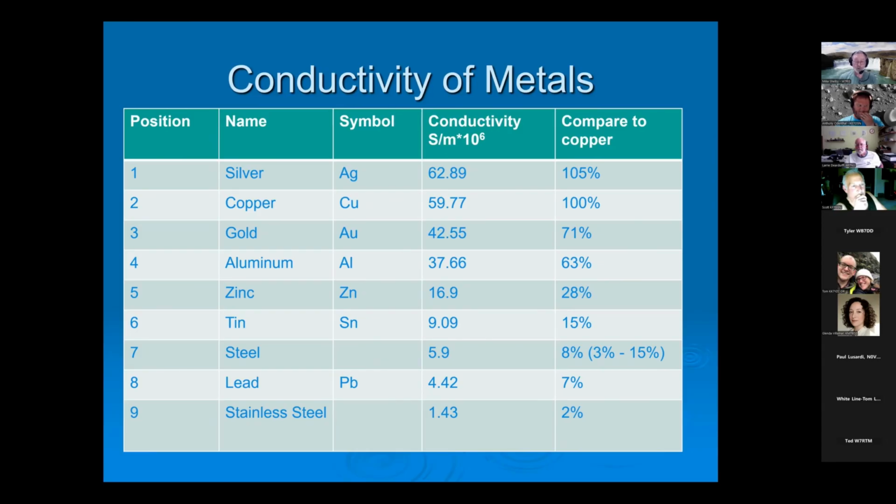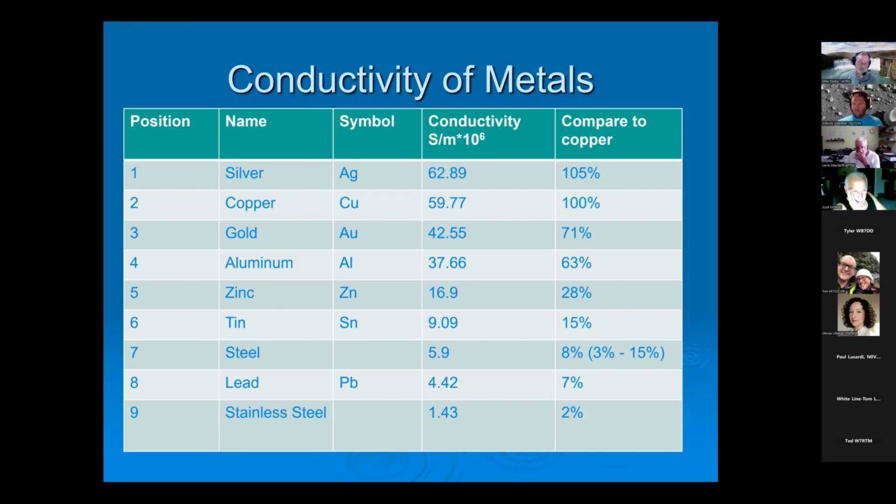This whole chart is all based on copper. Copper is the standard, usual, normal metal that we use for conductivity. I think hopefully everybody knows that silver is actually a slightly better conductor than copper. It conducts about 105% compared to copper being 100%.